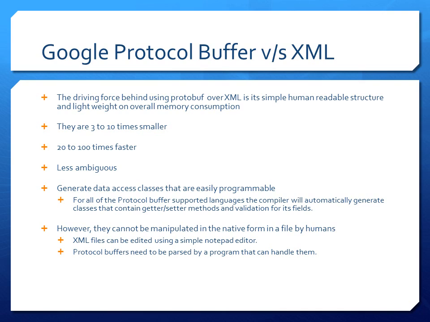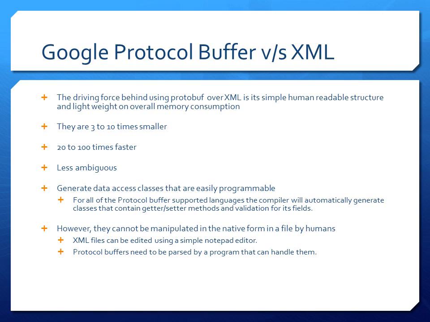Protocol buffers, when in use, tend to be 3 to 10 times smaller data-wise than XML, and can be 20 to 100 times faster, so a lot more efficient than using XML to transfer data around. They're also a little bit less ambiguous, and can generate classes that are easily programmable. So like I said before, you can generate a Java class that will allow you to manipulate and handle a protocol buffer.